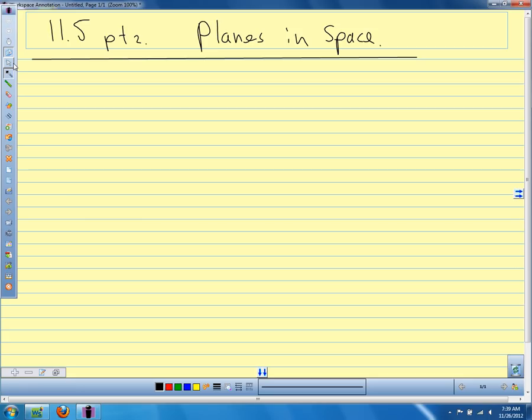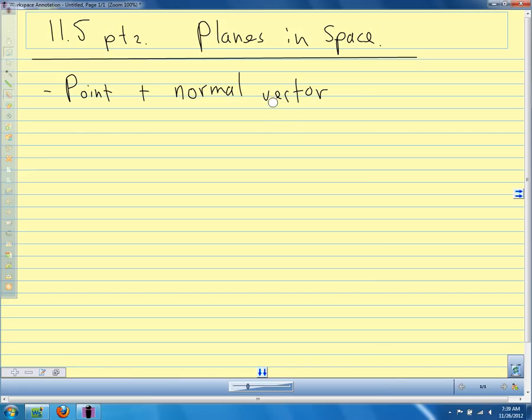We're going to do something similar with planes. We're going to use a point and a normal vector to come up with our equation for a plane in space.